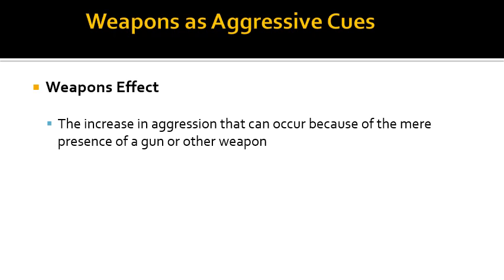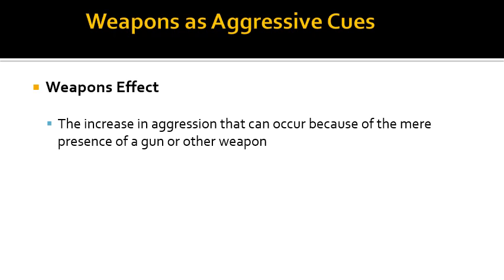Now, as we finish up this discussion on the situational factors and aggression, I want you to be aware of what is known as the weapon effect or weapons effect. And this is the idea about how there are certain triggers or situational factors that increase the likelihood of aggression.